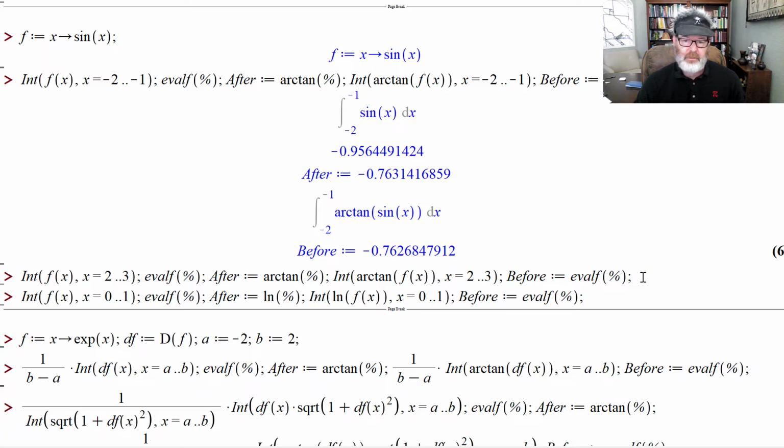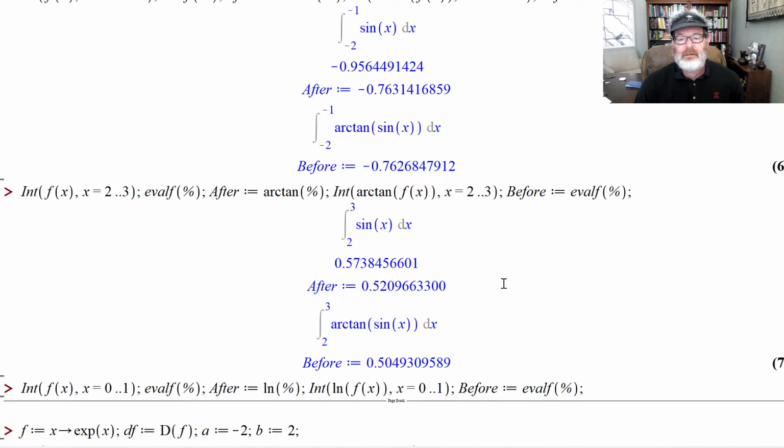So if I put it into arctan, I'm composing it into a concave down function. So integrate sine, length of the interval is 1, compose it into arctan, I get this result. If I do arctan of sine before I integrate, and then integrate, well, now this result's smaller. So the inequality got reversed.